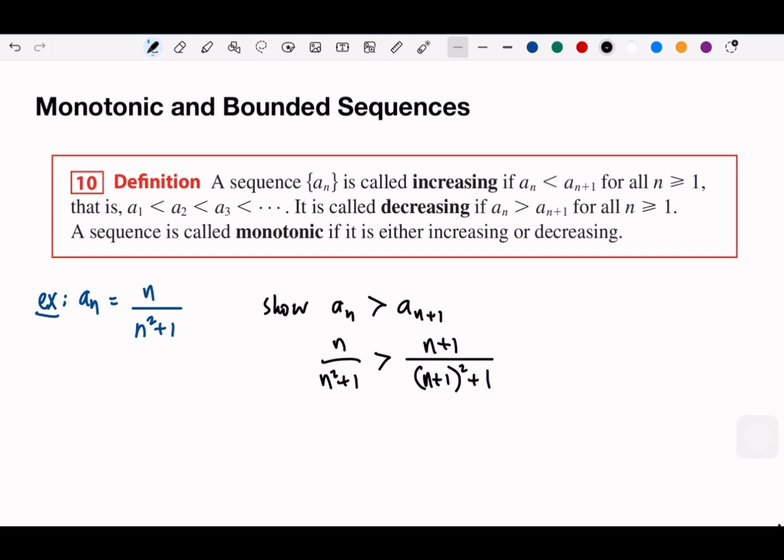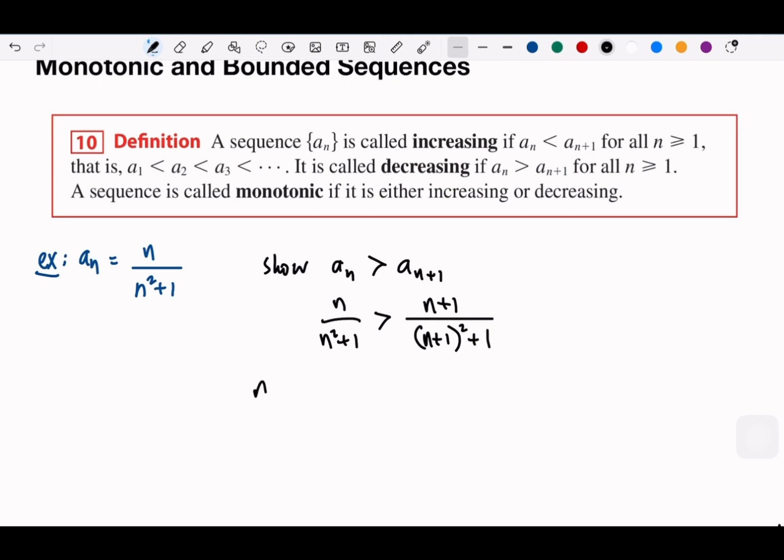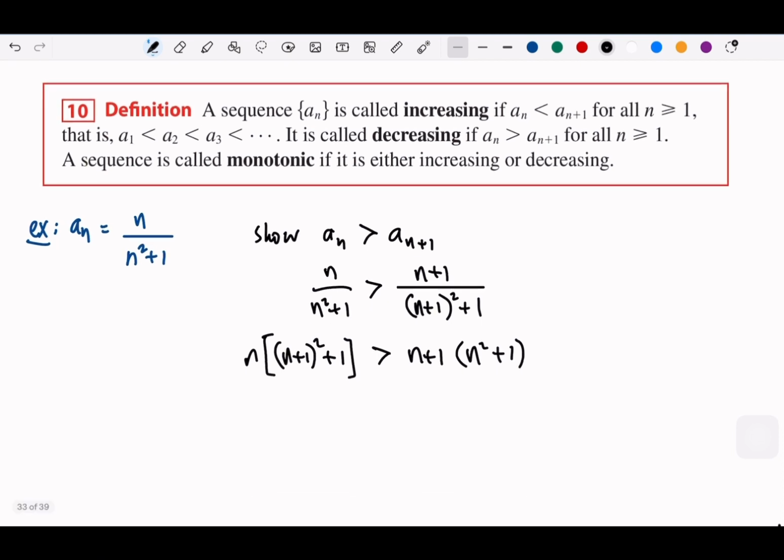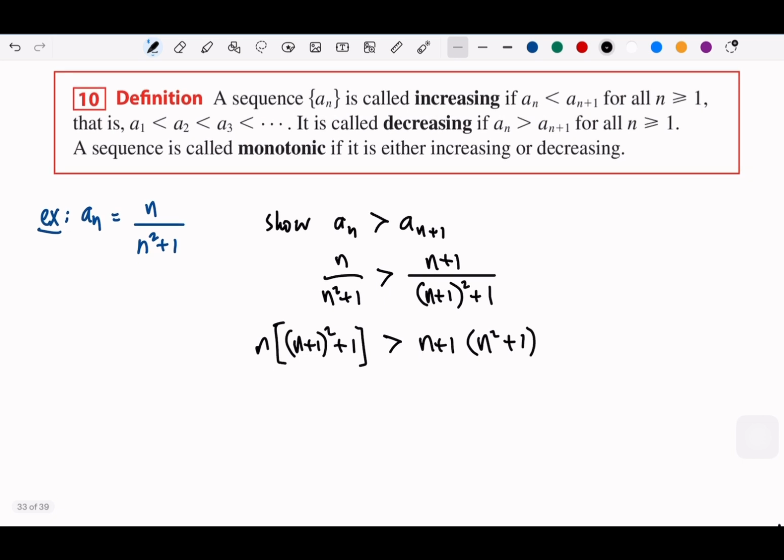Here we have n times (n plus 1) squared plus 1, and here is n plus 1 multiplied by n squared plus 1. Well, I think we can just do the multiplication to see how it looks.